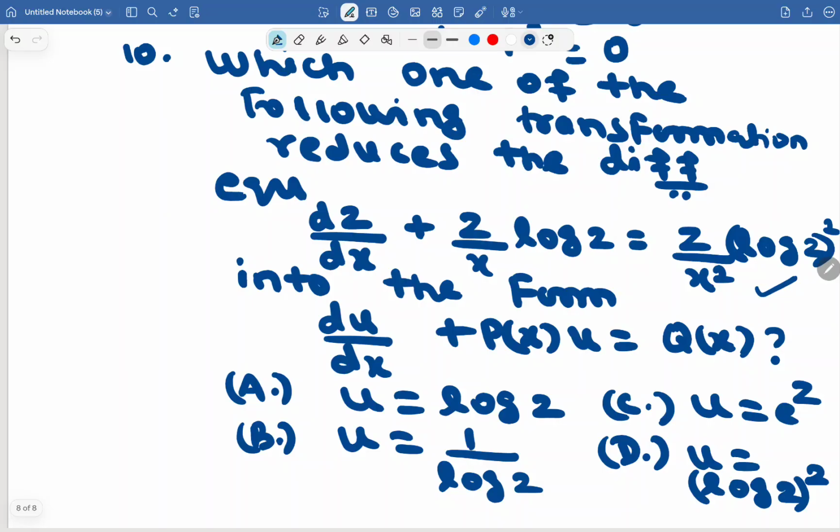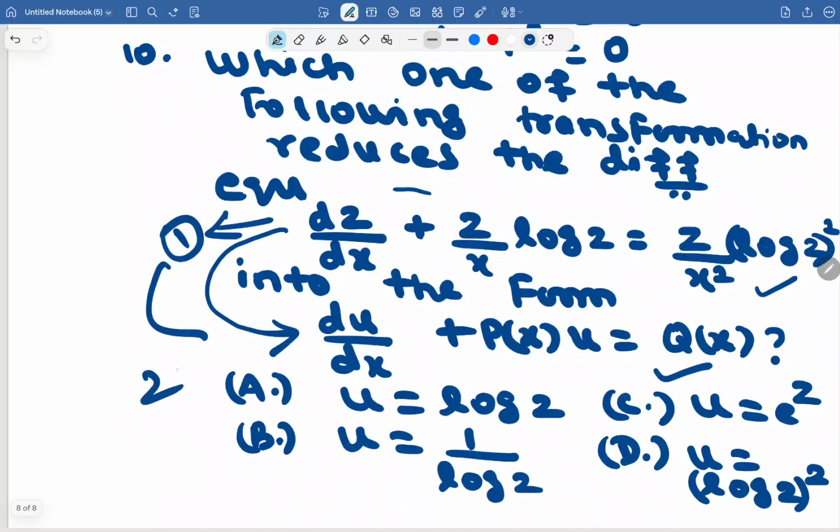We have to convert this equation into the form du by dx plus p of x into u, which is equal to q of x, by using one of these values of u. Transform equation 1 into 2 by using which among the following options: u is log z, or u is e power z, or u is 1 by log z, or u equal to log z the whole square.